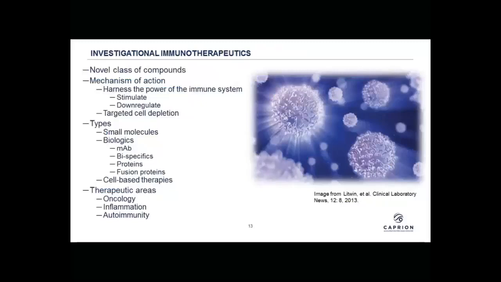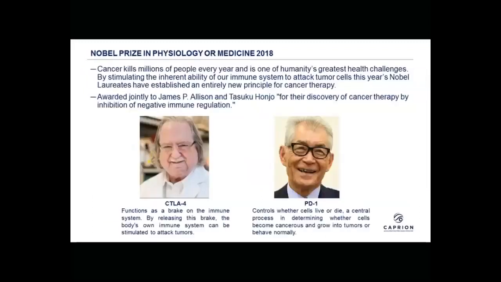They might rev it up and they might tamp it down, or they might deplete a targeted cell population altogether. Immunotherapies come in all shapes and sizes. There are small molecules, biologics, or cell-based therapies. Mostly they're used in oncology, for inflammatory diseases, as well as autoimmunity.